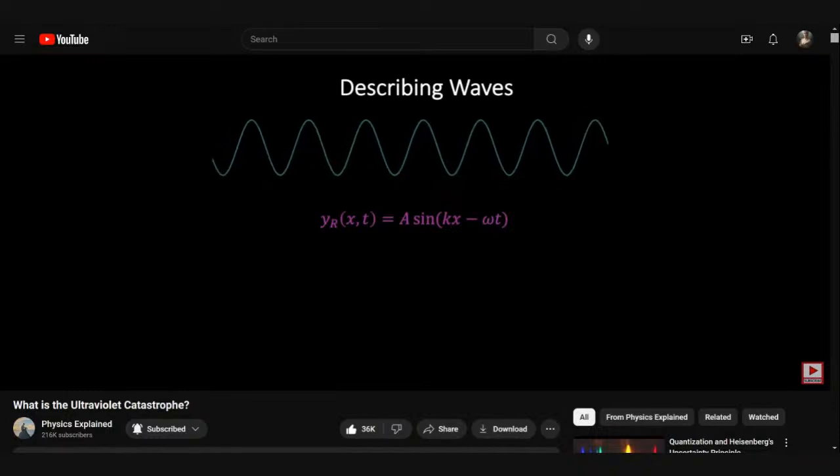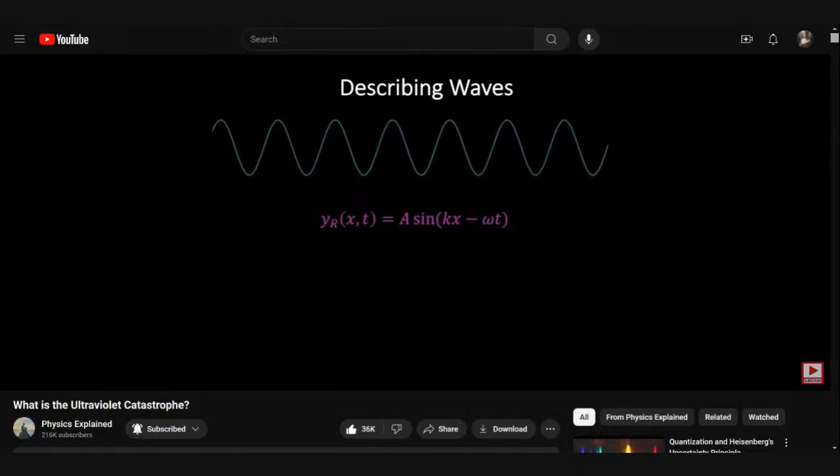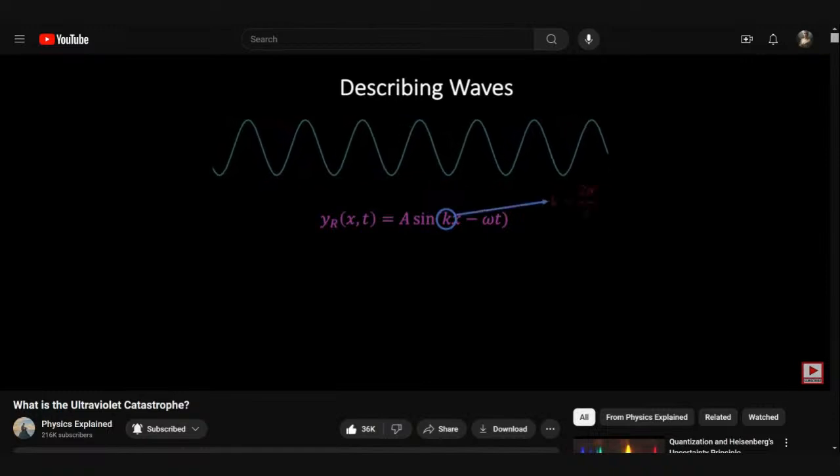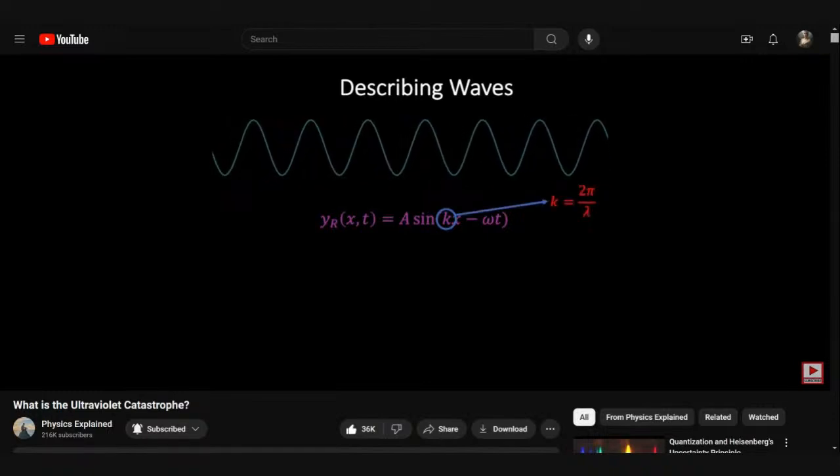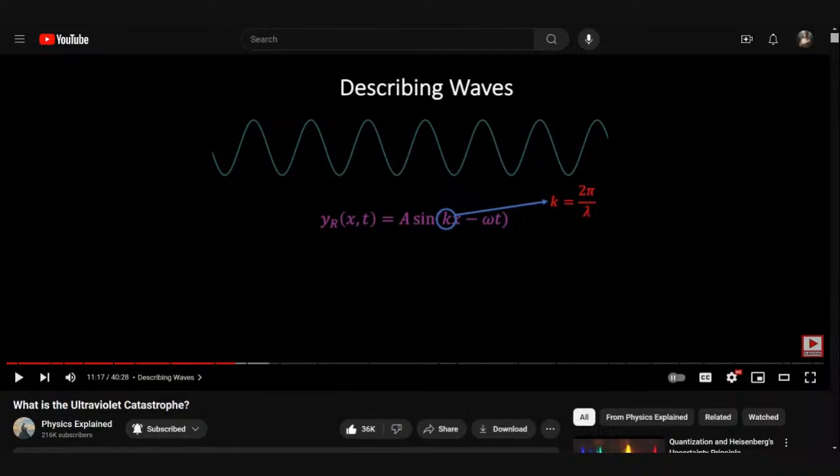The constant k is referred to as the wave number, and it's defined as 2 pi over lambda. Okay, so it's not a whole number, but it's 2 pi over lambda. Let's say lambda is 2 pi. Then k is 1. Let's say x is 0.